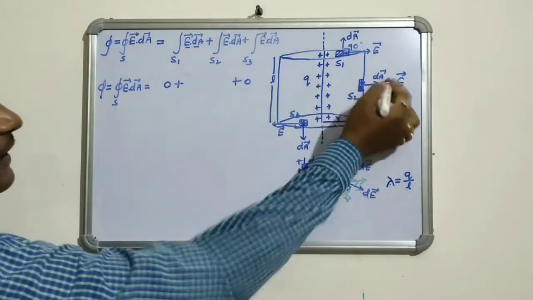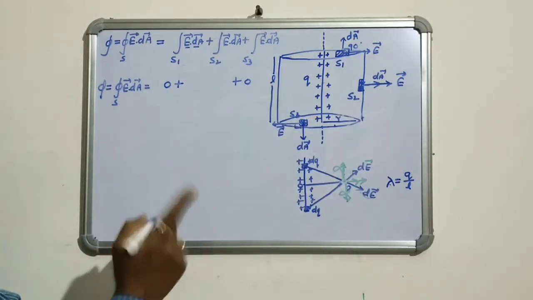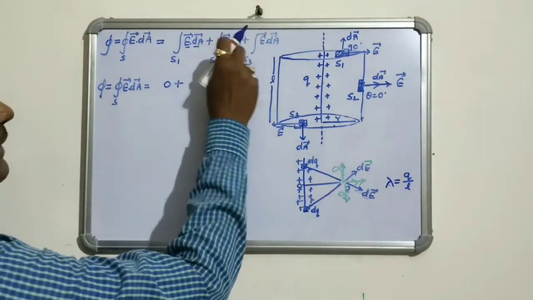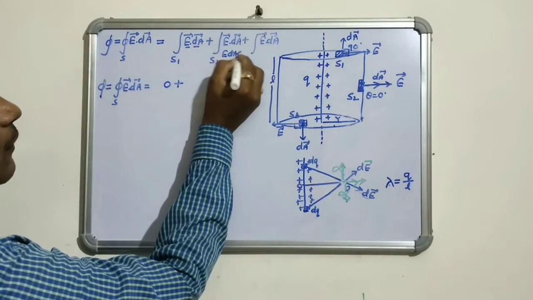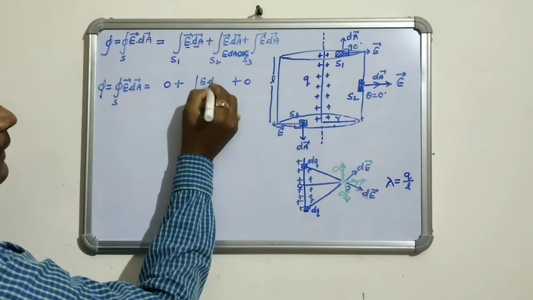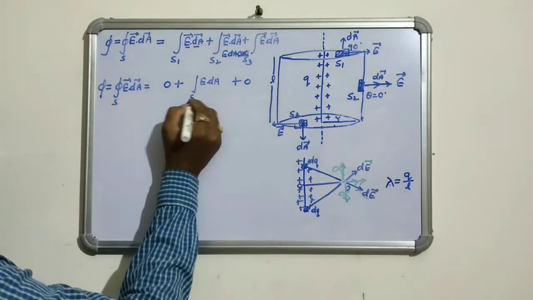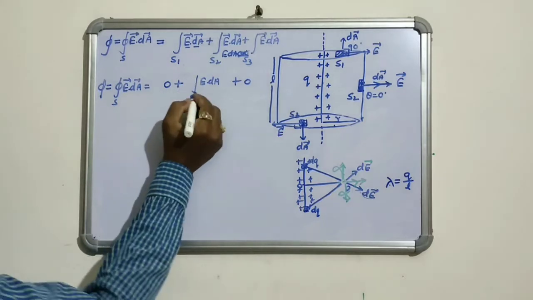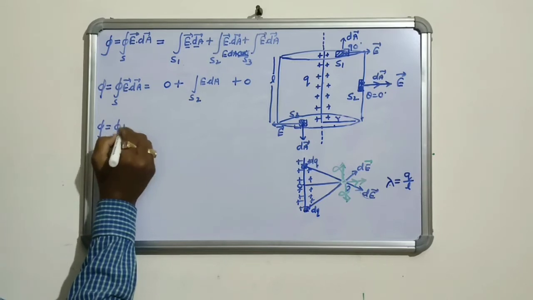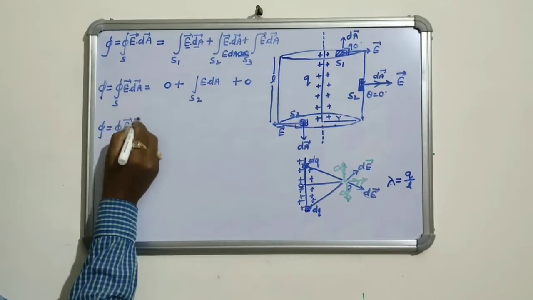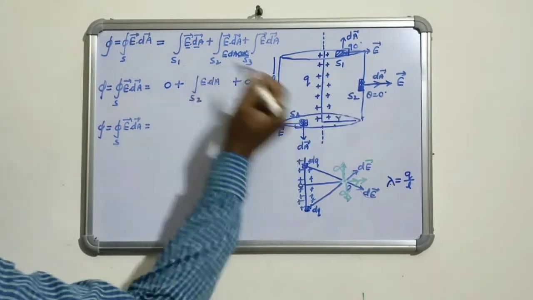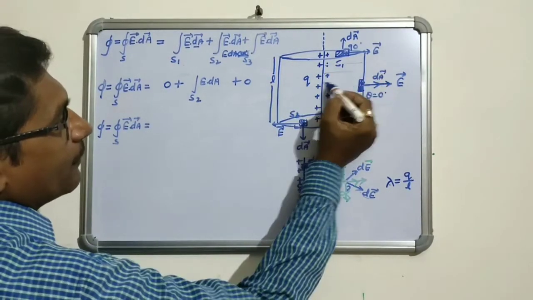And for S2 surface, E and dA are acting in the same direction. So the angle between them is theta equals to 0, so cos 0 equals to 1. E dA cos 0 equals to E dA. This is for S2 surface. Now phi equals to integral of E dA, here E is uniform, E is constant, because distance at every point is equal.